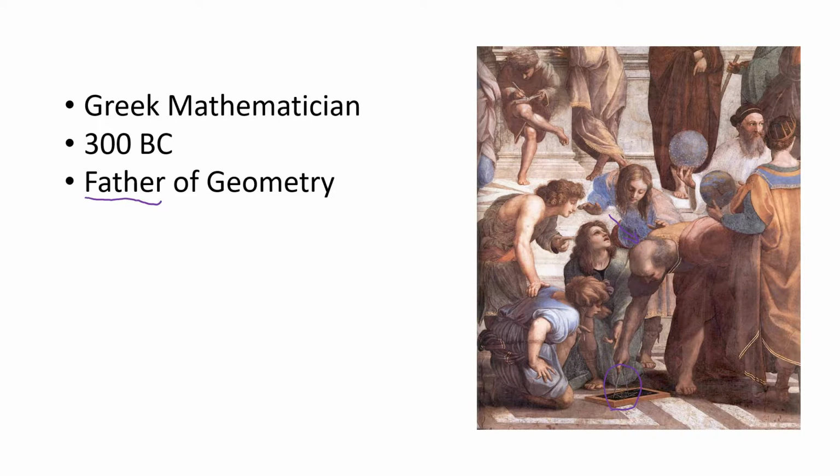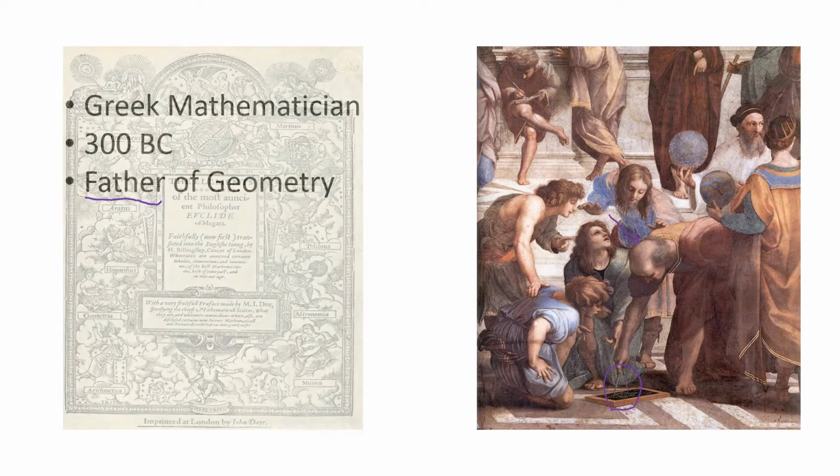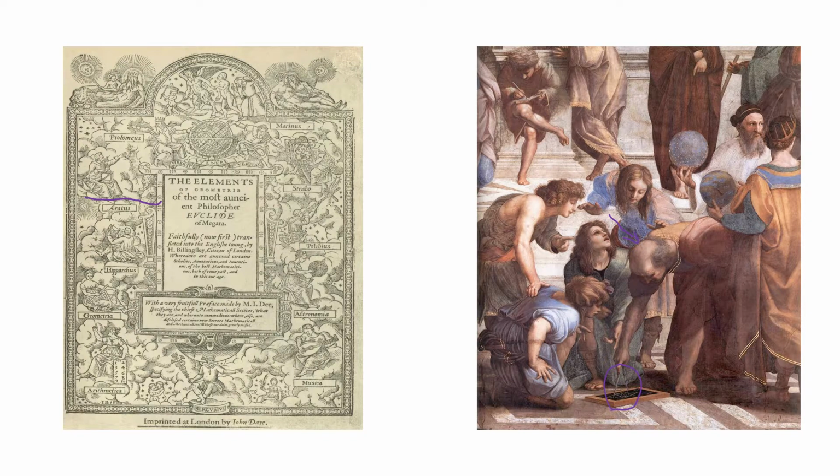Actually, before Euclid, a lot of mathematicians worked on geometry, taught geometry and researched geometry. But we call Euclid the father of geometry because of this book. It is called the Elements. This is a very famous book.